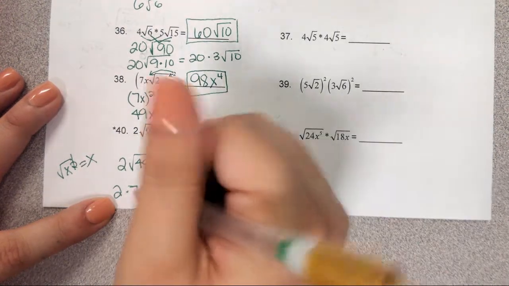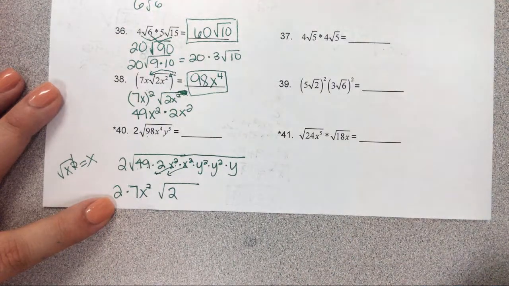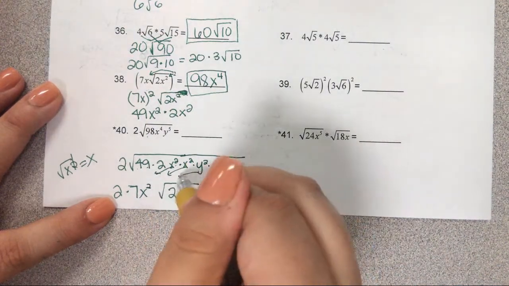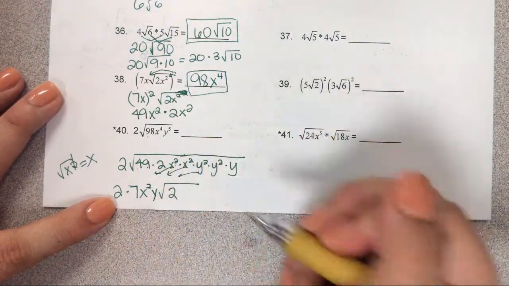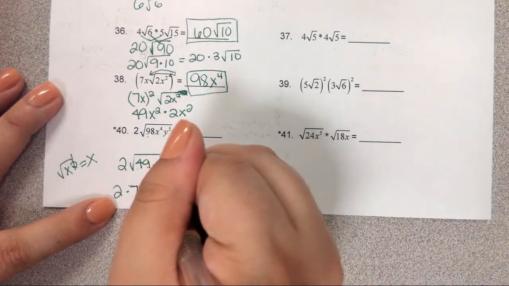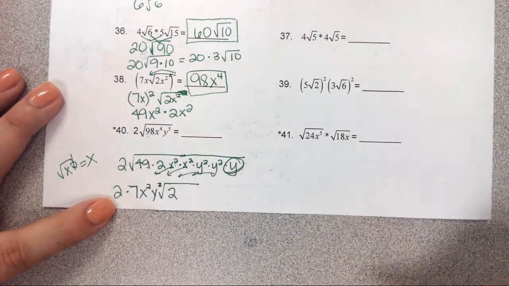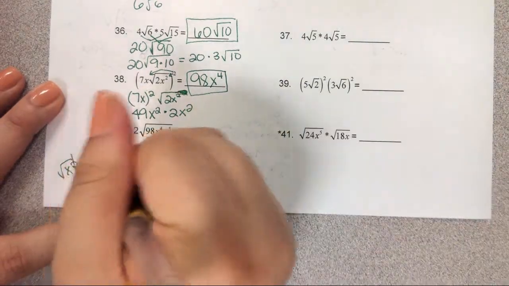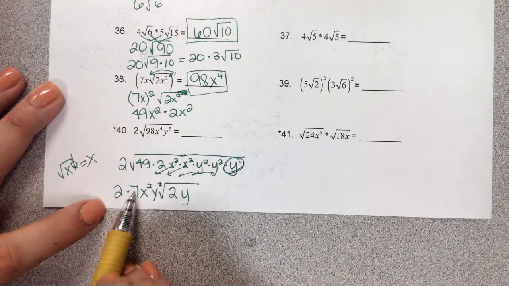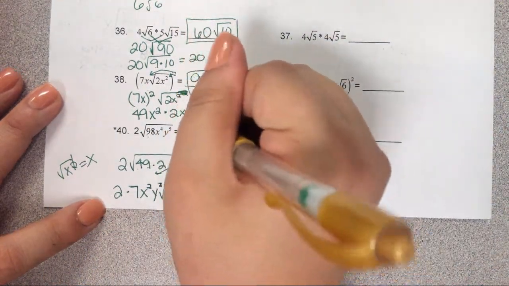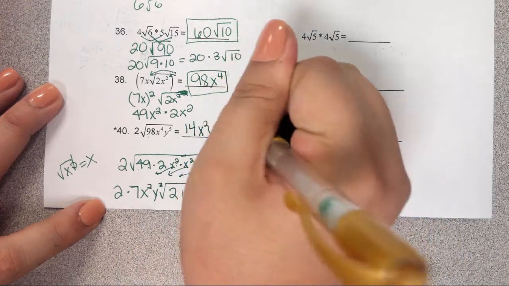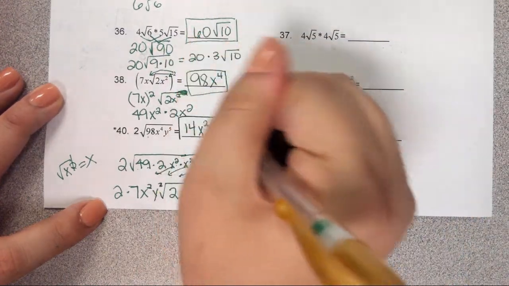I'm going to have 2 x's, so I can just put x squared. The y is going to come out and become just y, and so is that one, so I can do y squared. But I still have this little y right here. He's going to stay inside. Well, what's 2 times 7? 14x squared y squared to the square root of 2y.